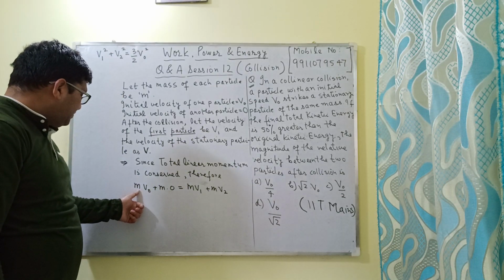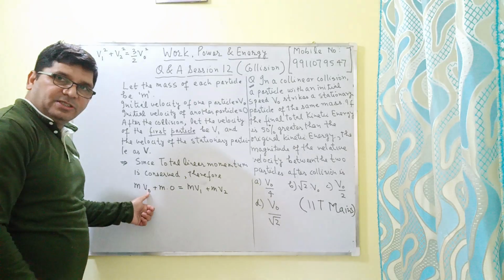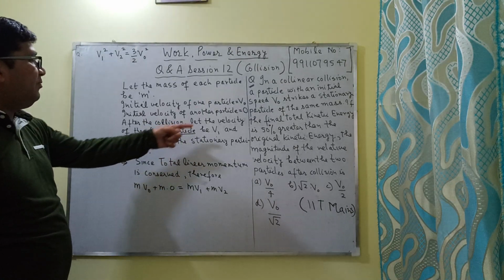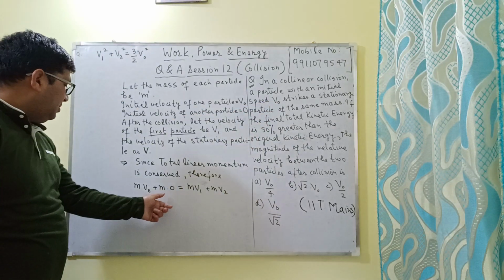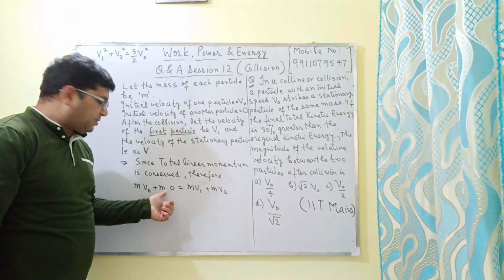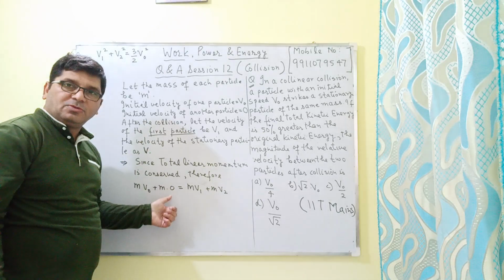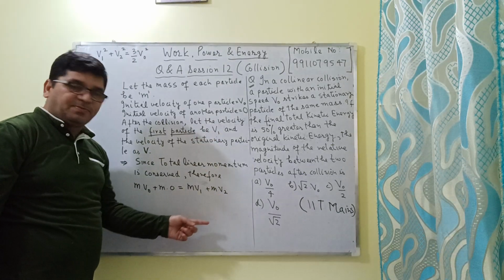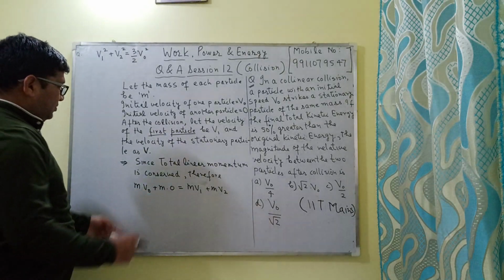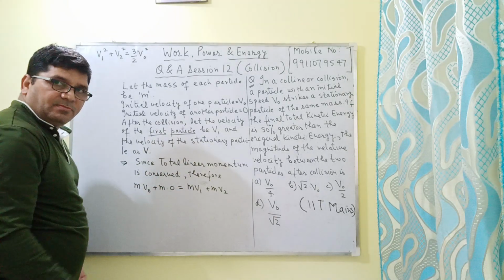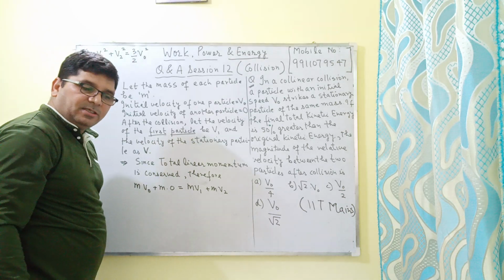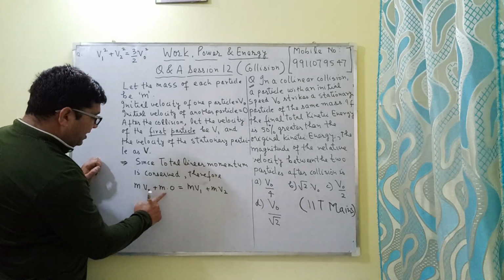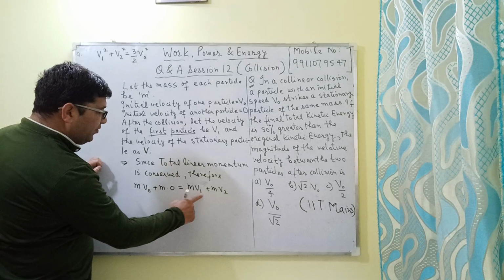This is the initial momentum of the particle which is colliding with the stationary particle. The initial momentum of the stationary particle is m into 0, which is equal to 0, and after the collision their velocities are v1 and v2 respectively. Since the total linear momentum is conserved in any collision, m v naught plus m into 0 is equal to m v1 plus m v2.